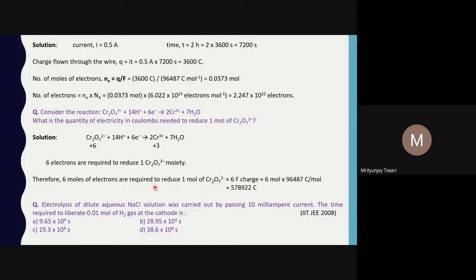We know 6 moles of electrons are required, and we know the charge of 1 mole of electrons. So 6 moles of electrons will contain 6 F charge, because F is the Faraday constant, the charge on 1 mole of electrons. So 6 into F, putting the value of F, 6 mole into 96,487 coulomb per mole, and just multiplying this we get this much coulomb charge.